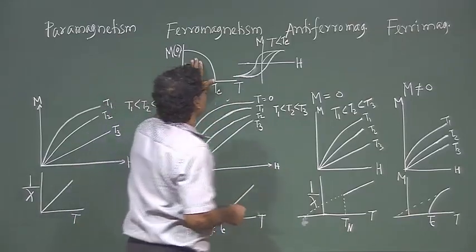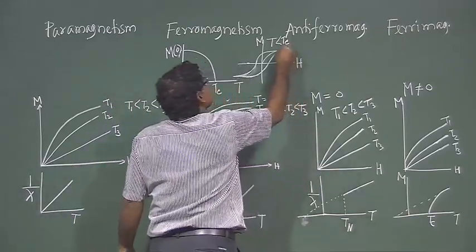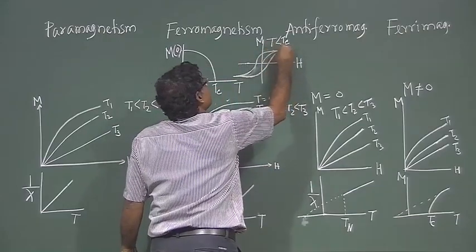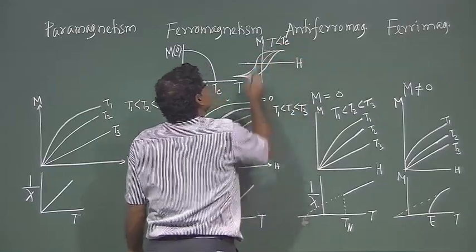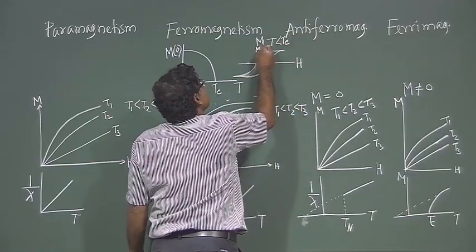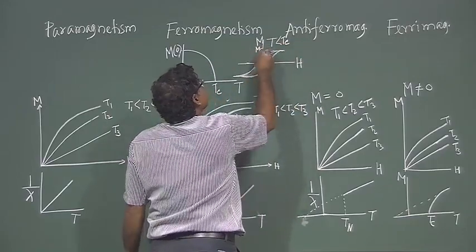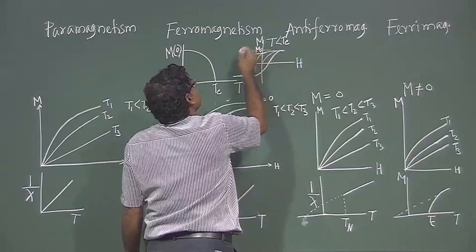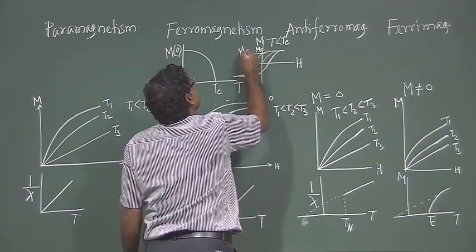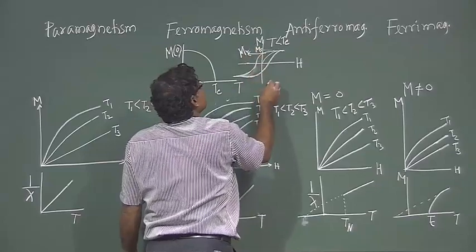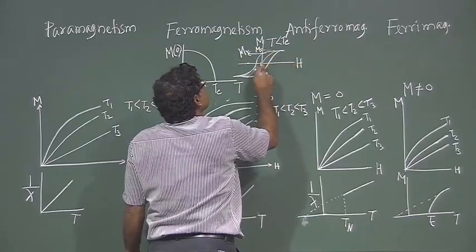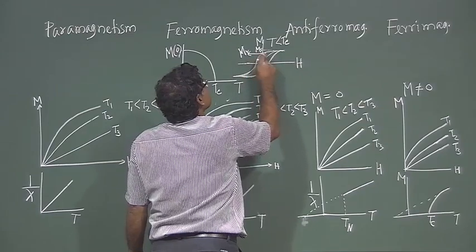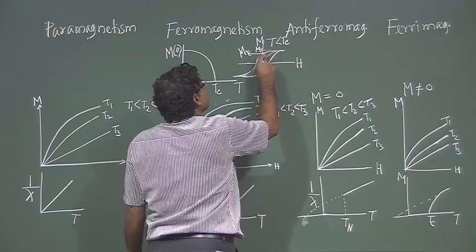So, after applying field, this is called the saturation magnetization, MS. This is called remanent magnetization, MR, and that means at H equal to 0 the magnetization remains, okay, it is not 0.